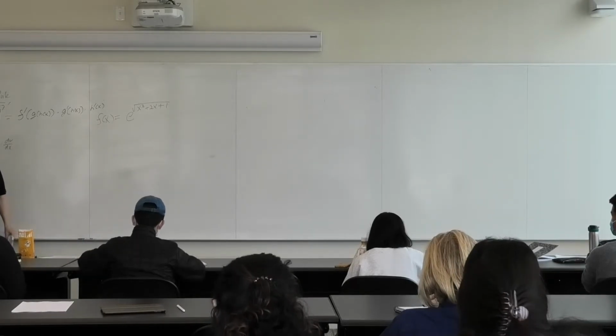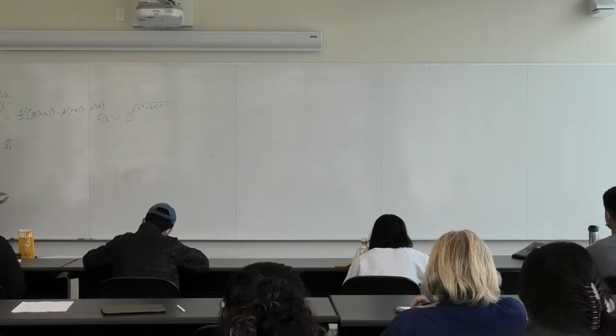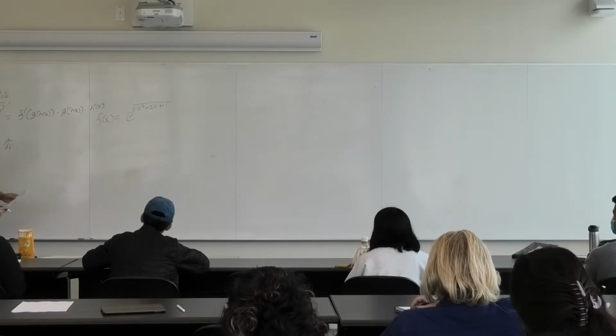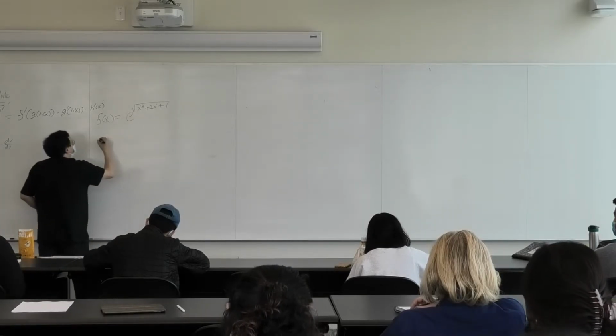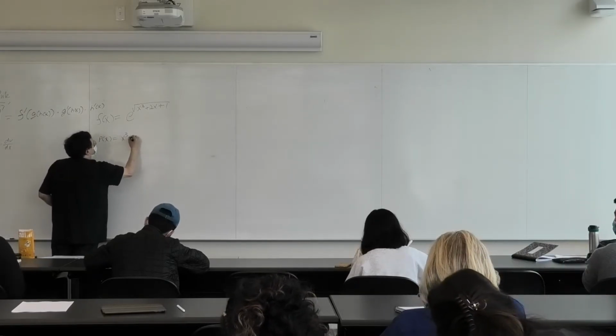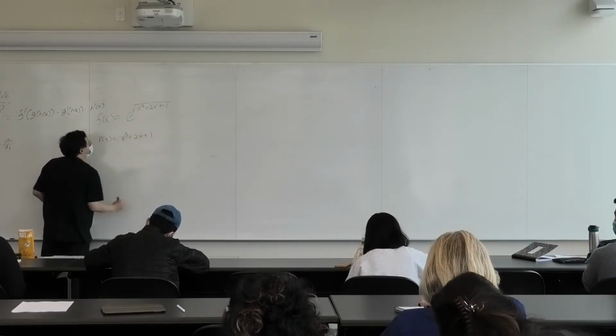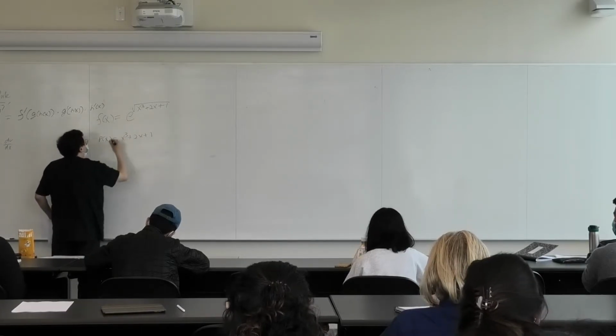All right, so we have to break this down. Let's call, because it's a polynomial, we'll call it p of x. And we're finding the square root of it, right?